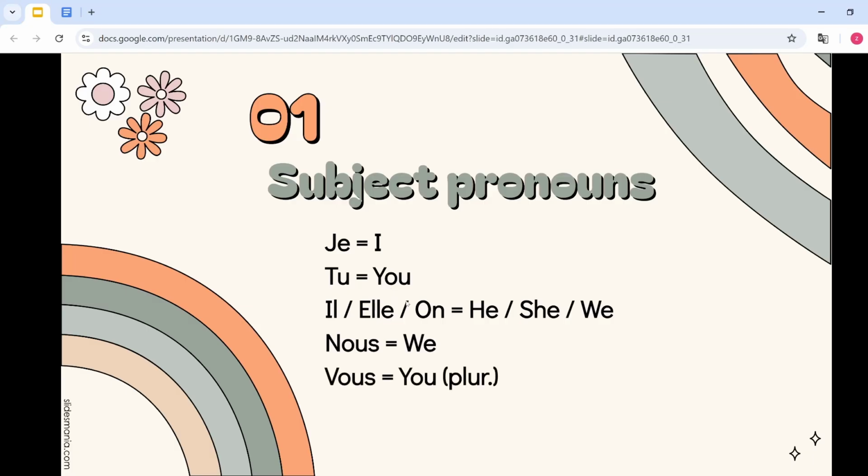Next one is vous. Notice again, the S is not pronounced. This vous is also you, but you'll notice I wrote over here, it's plural. So when you're talking about many people, you're talking to a group of people, 2 or more, you will be using vous. Another use case of vous is when you're talking to one person, but we are trying to be formal.